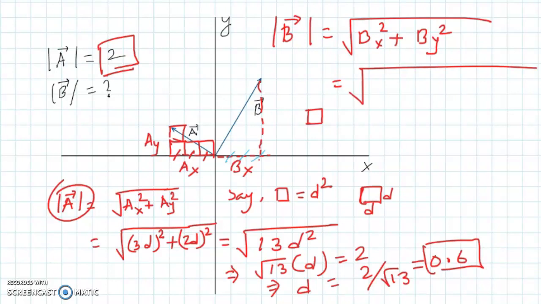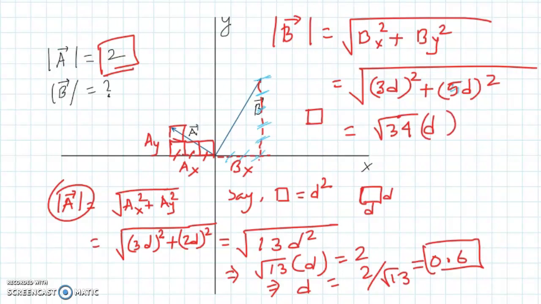So bx is replaced with 3d, squared, plus by, the vertical component, which is 1, 2, 3, 4, 5. So in total I have 5 squares here, so by will be 5d, squared. So it will be 25 plus 9, which is 34, so it will be root of 34 times d.